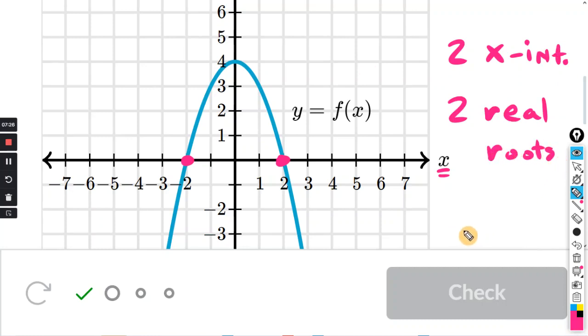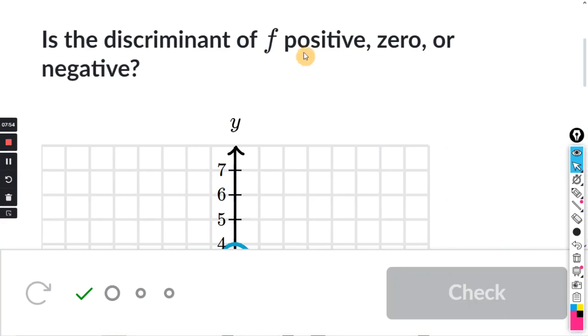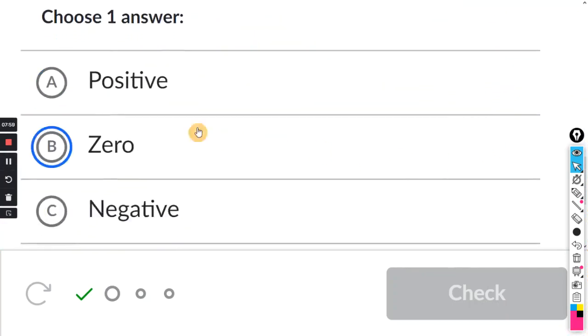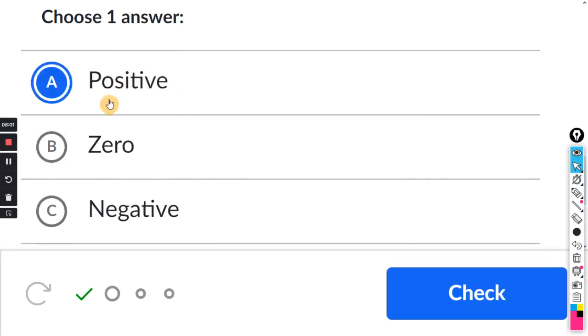And that means it's going to be negative B plus or minus the square root of a positive, all over 2A. So the discriminant, which is the part that's under the square root, is positive, because it has 2 x-intercepts or 2 real roots. Again, that was case number 1. So positive, 0, or negative, it's multiple choice. Positive, that's for your B squared minus 4AC.